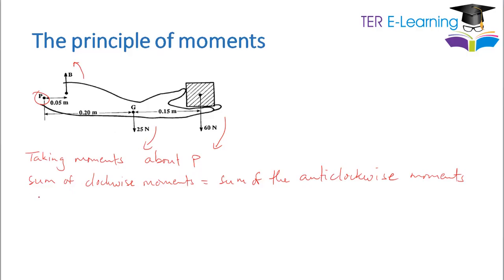So we said the 60 newton, so that is 60 multiplied by the perpendicular distance from the fulcrum. So we have to add this distance here plus this distance here. So that's 0.2 plus 0.15, which will be 0.35. Plus, we need to take care of the 25 newton force now.